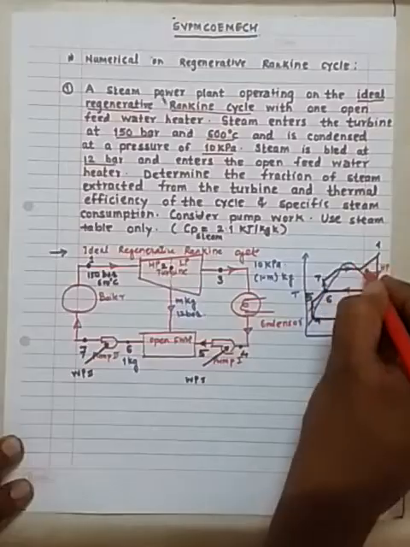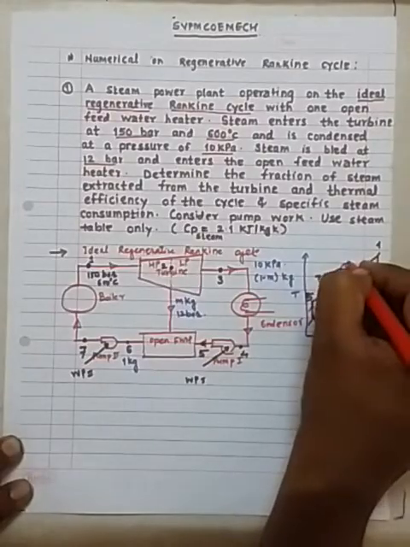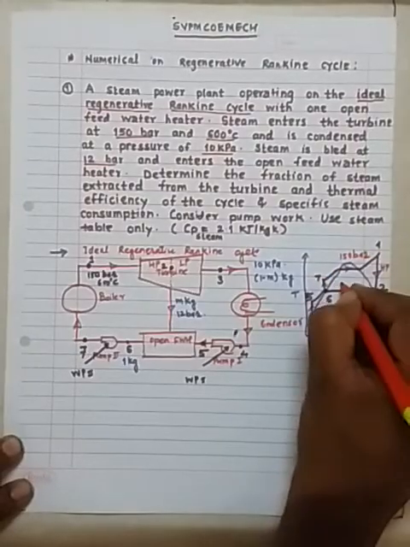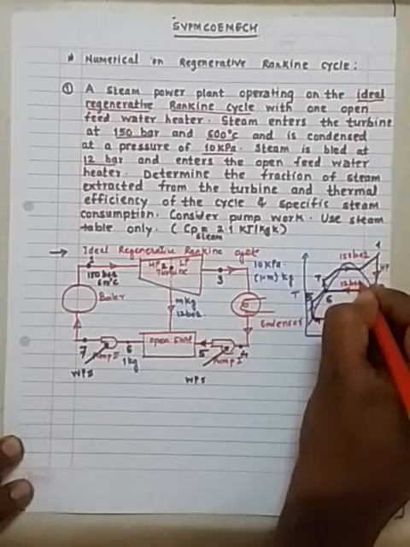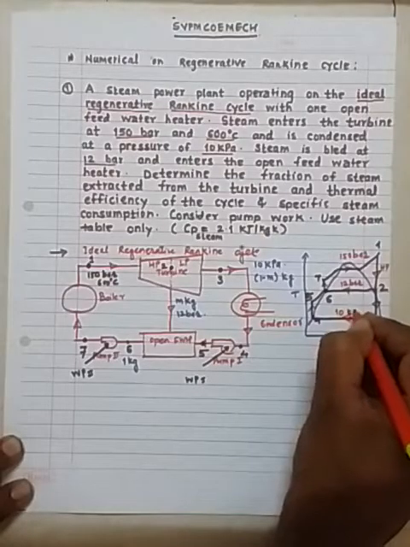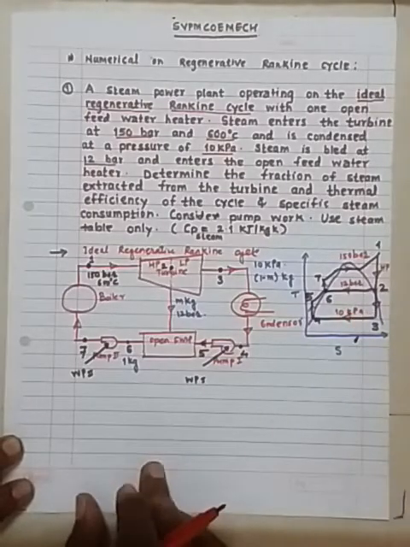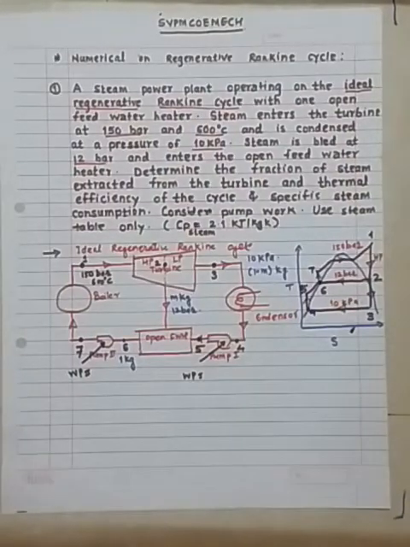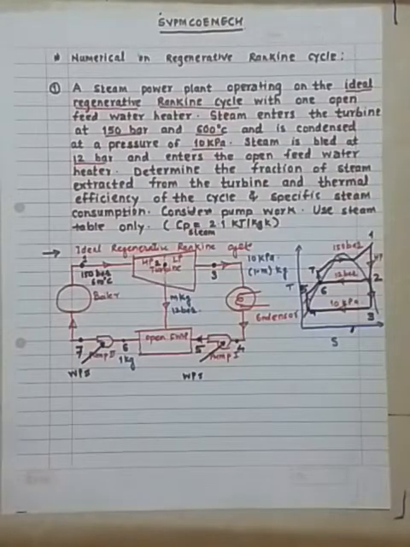Now apart from this, this is the constant pressure of 150 bar, this is the extraction of the steam at 12 bar, and this is the condensation at 10 kPa. So this is the whole thing regarding the ideal regenerative Rankine cycle.